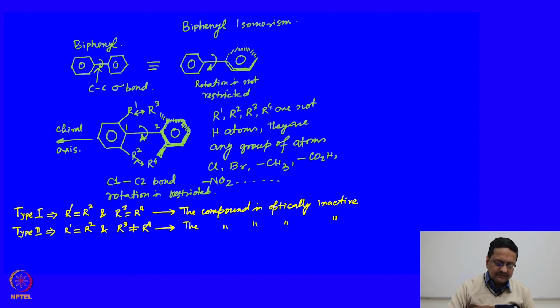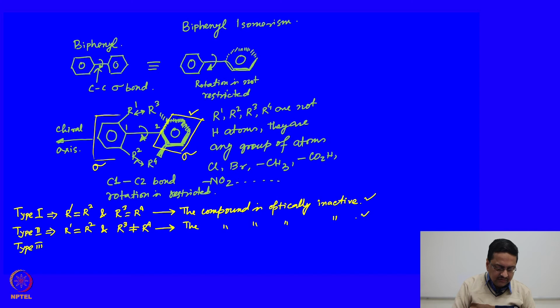In case of the first group type 1, you have 2 sigma planes, one containing the first aromatic ring, the other containing the second aromatic ring. So, this is a sigma plane and that is another sigma plane that is present for type 1. This sigma plane is present for type 2 and therefore, both of them are optically inactive.